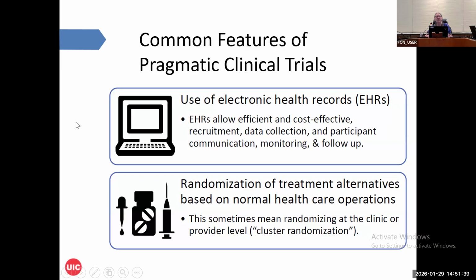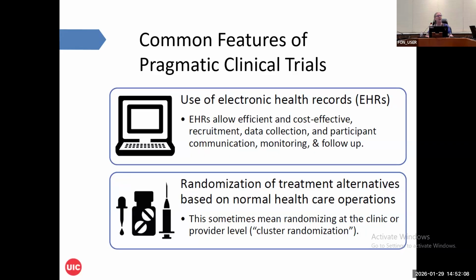Some of the common features: we often use electronic health records. The reason being, as I just said, we have to do these studies in a way that doesn't disrupt clinic flow. For me, because I'm often interested in pain, in a hospital setting pain is measured as the 5th vital sign.